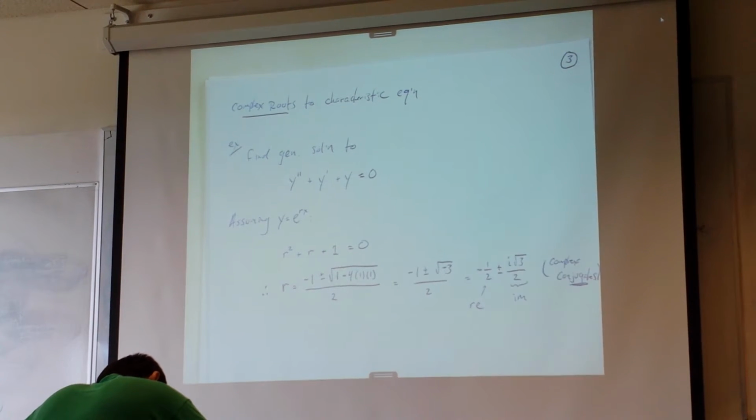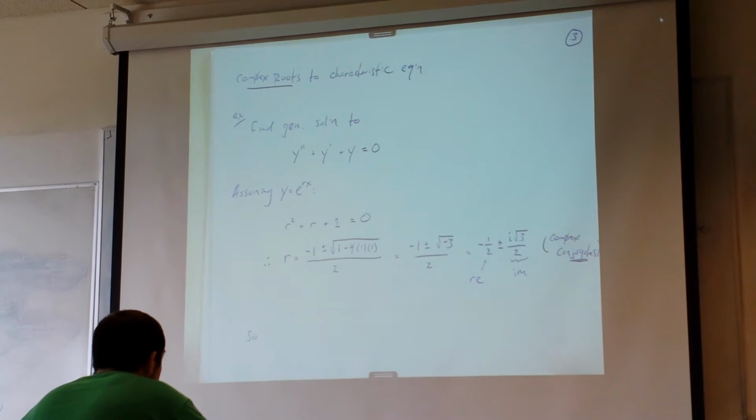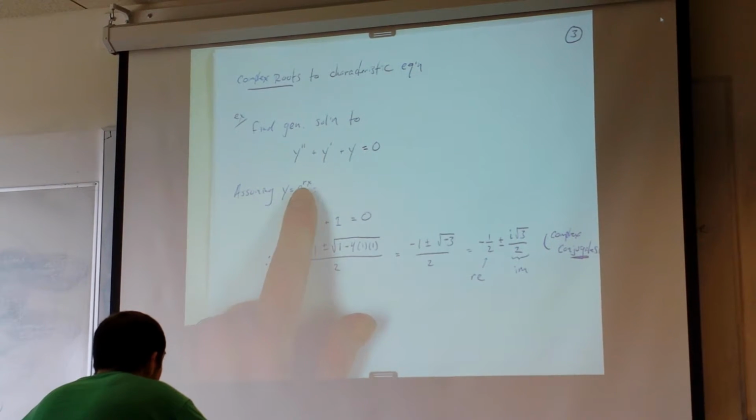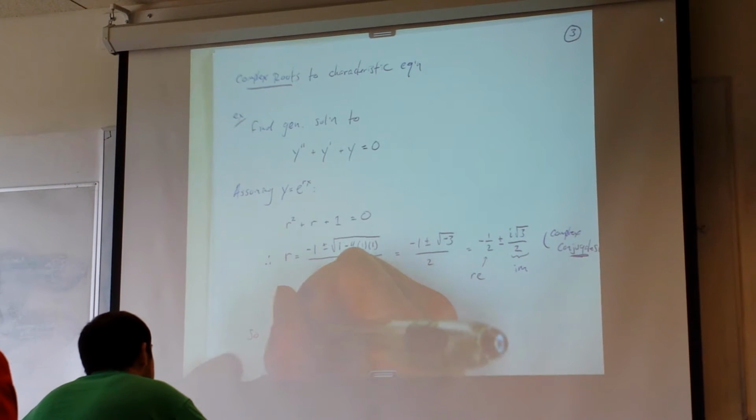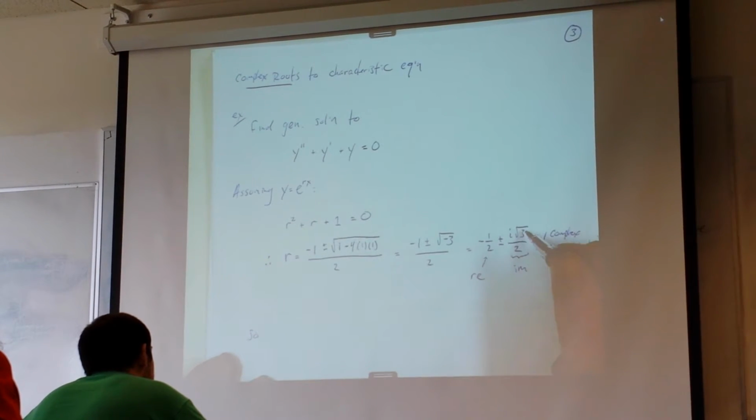We get the form e to the rx, and that's our r. We got 2 distinct complex solutions.